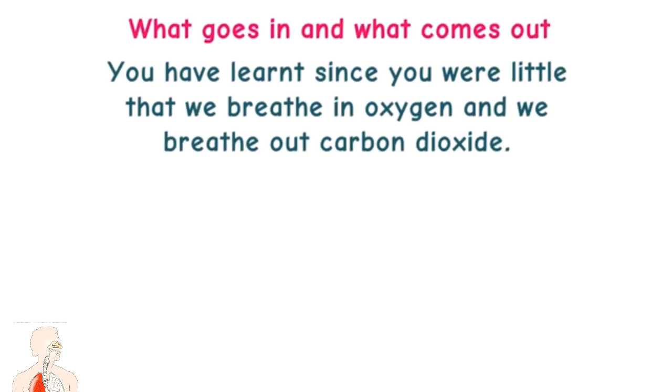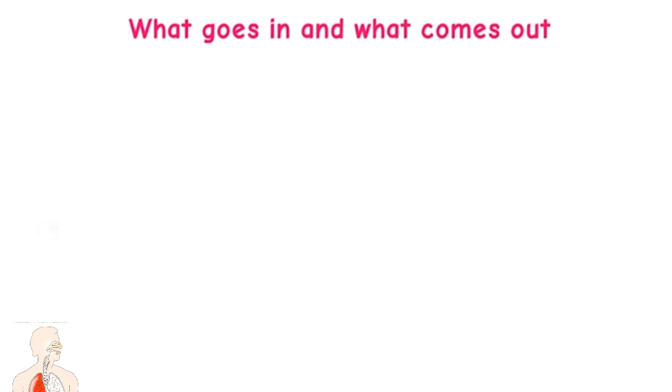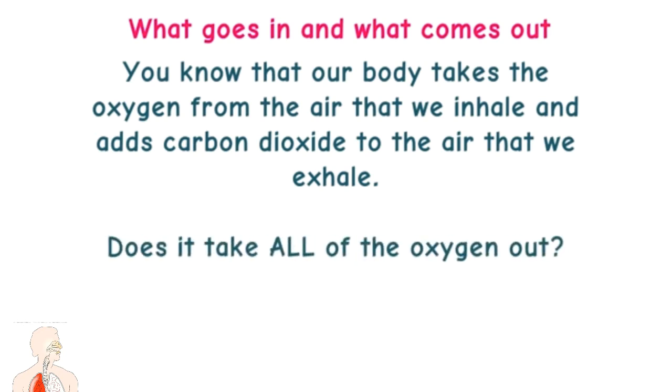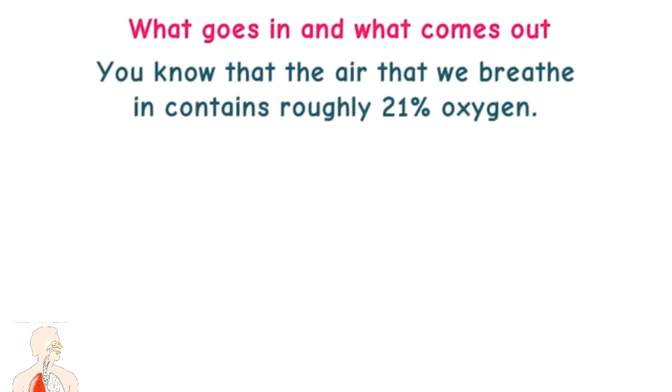What goes in and what comes out? You have learned since you were little that we breathe in oxygen and we breathe out carbon dioxide. You know that our body takes the oxygen from the air that we inhale and adds carbon dioxide to the air that we exhale. Thus, does it take all of the oxygen out?